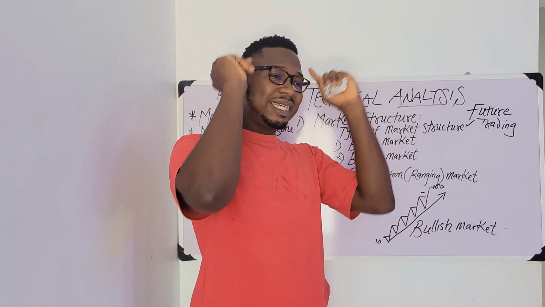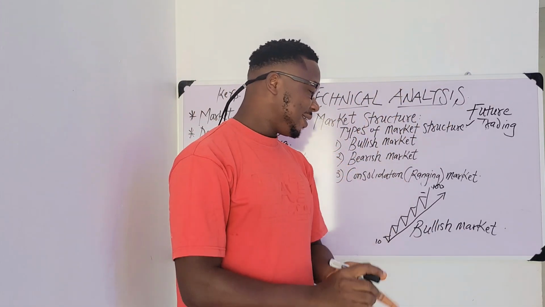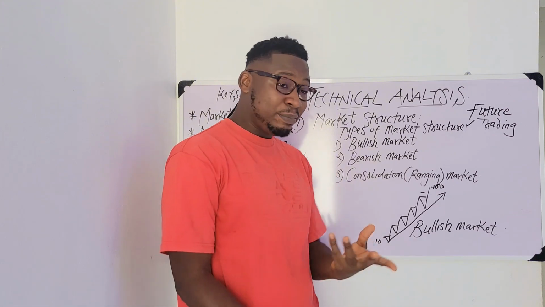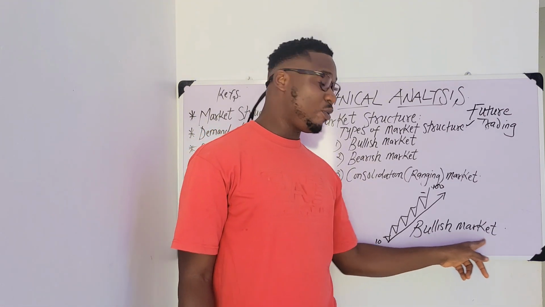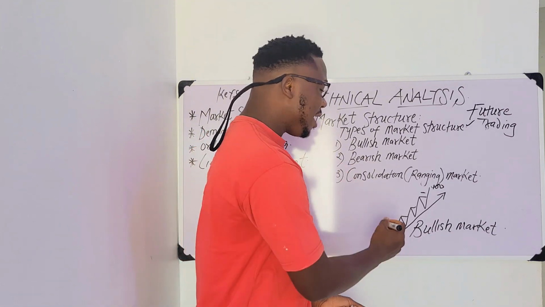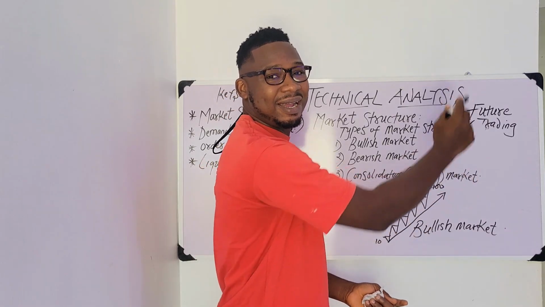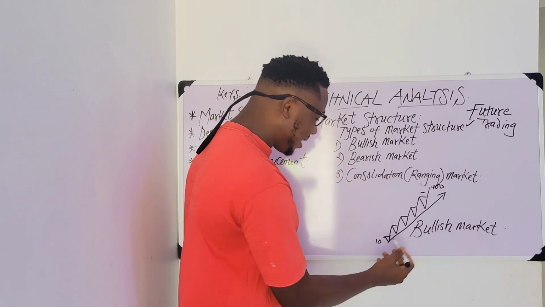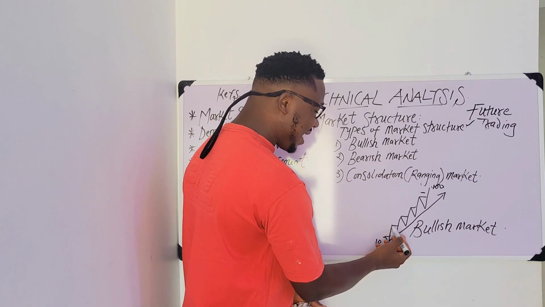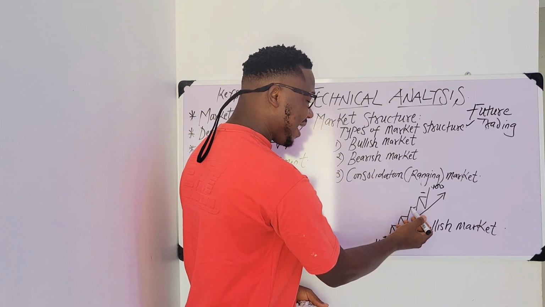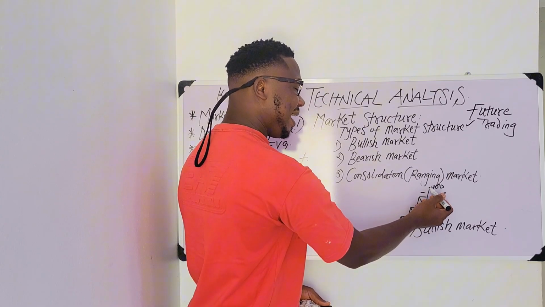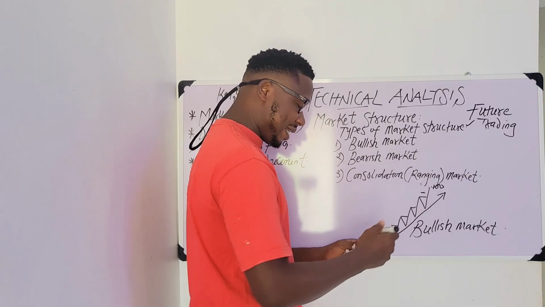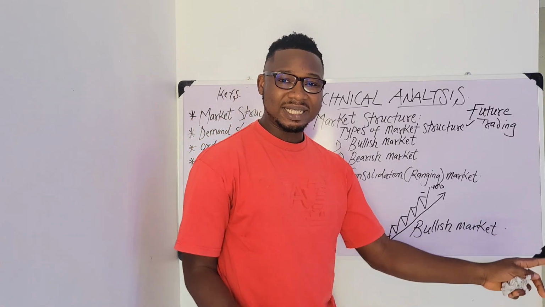Everything it thinks is up, up, up. So from that animal, the bull, we get the word bullish, and we say the market is trending higher. This is high, this is higher high, higher high, higher high, going up, going higher. That is simply a bullish market.